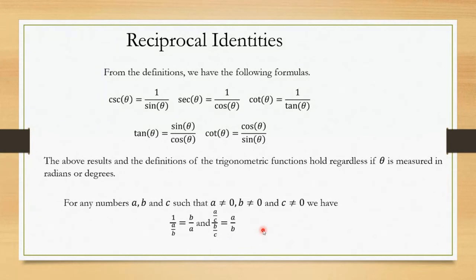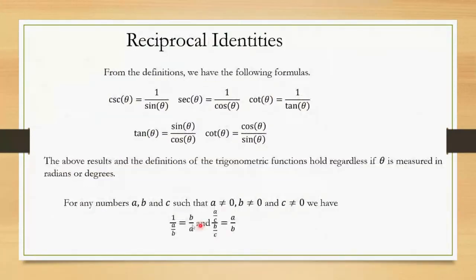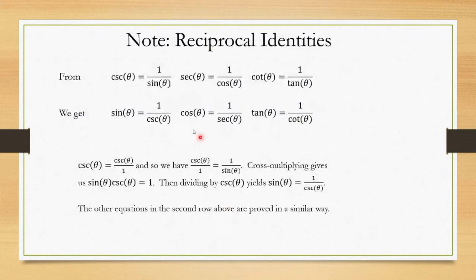In fact, from there, we can actually get the following, not really identities, but it's just something I wanted to present. Using this here, keep in mind A, B, and C are not 0, which makes sense because you never divide by 0.